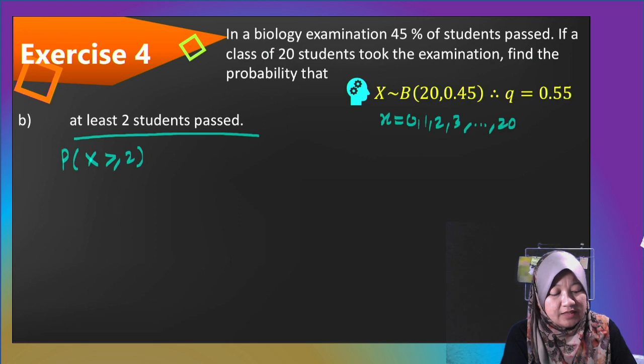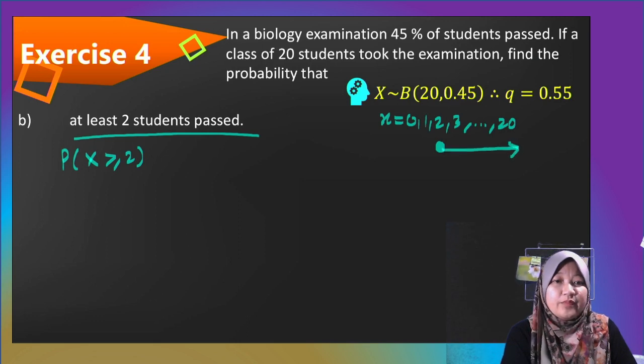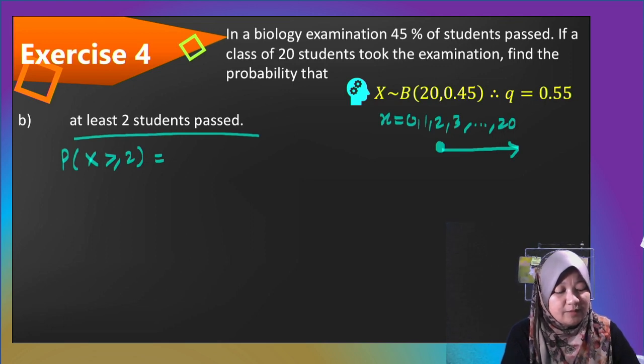So, soalan ni adalah X greater than or equal to 2. Maksudnya kita nak probability 2, 3, 4 sampai 20. Tapi takkan kita nak senaraikan semua. Jadi apa yang kita boleh buat adalah kita ambil nilai keseluruhan 1. The whole probability adalah 1. Okay, minus balance dia adalah yang inilah.